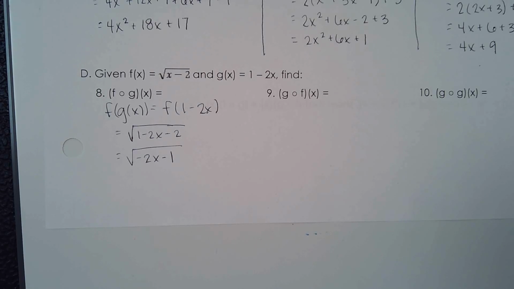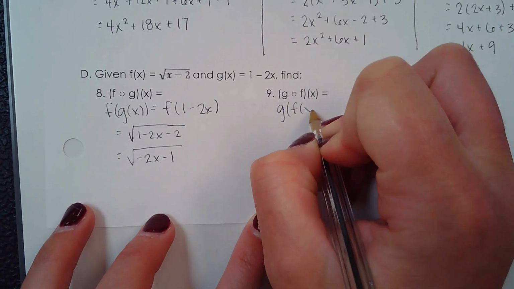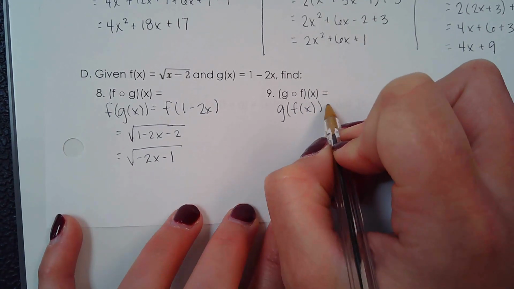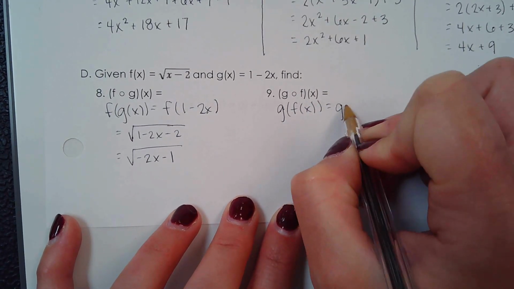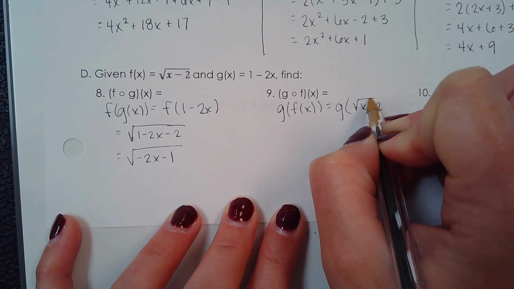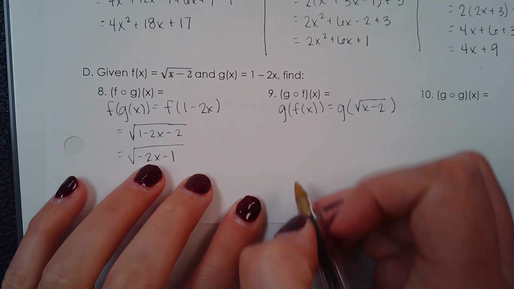Okay. So the next one we're doing is g of f of x. So g of f. Is it helpful to rewrite this out? Yes. Okay, just checking, because if it's not, I'm going to stop. So we're using our g function, and everywhere that we have an x, we're going to plug in square root of x minus 2.